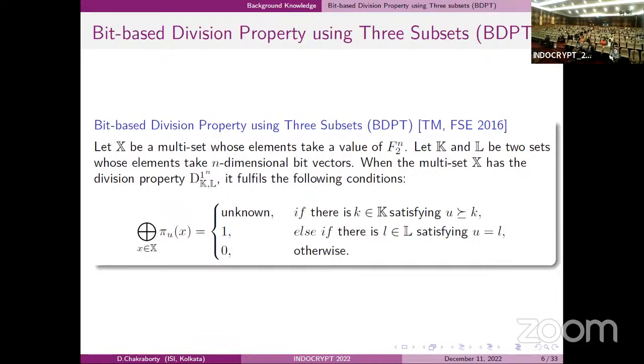For all u belonging to the set L, the XOR sum of phi u x is 1, and otherwise, for all those u's which are not a successor of K and also do not belong to L, the XOR sum of phi u x is 0. So here I am dividing this space into three parts. This concept is the highlight of our work.